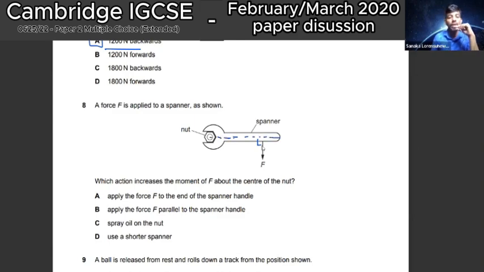Then which action increases the moment of F about the center of the nut? It's a very important topic. Moment. So the center of the nut is here.